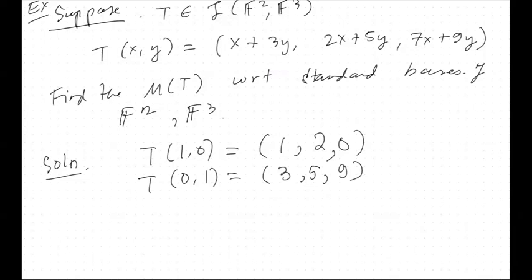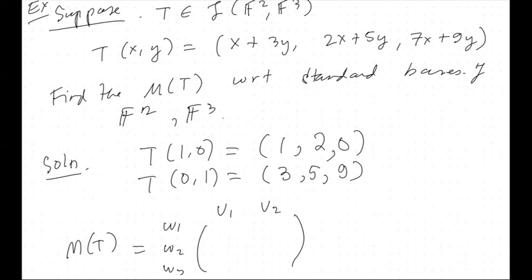So the matrix M of T, we just write this is our base 1, and this is our base 2, then W1, W2, and W3. So with respect to the bases, W1, we get 1, 2, 0.